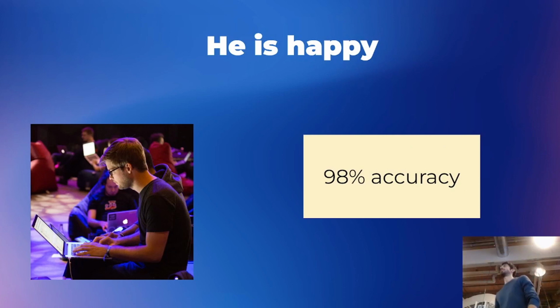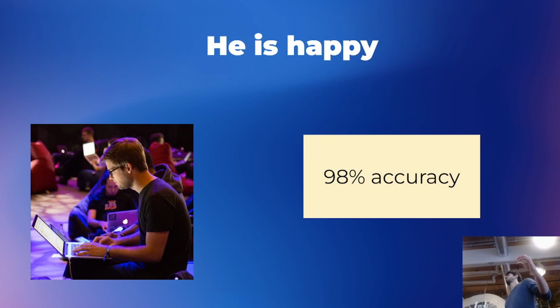Okay, so he tries this approach and he's happy because he finds out that his algorithm, his model, is able to predict accurately 98% of the time. So we said that he is testing with a test set of 300 images. This means that 98% of the time it's correct.